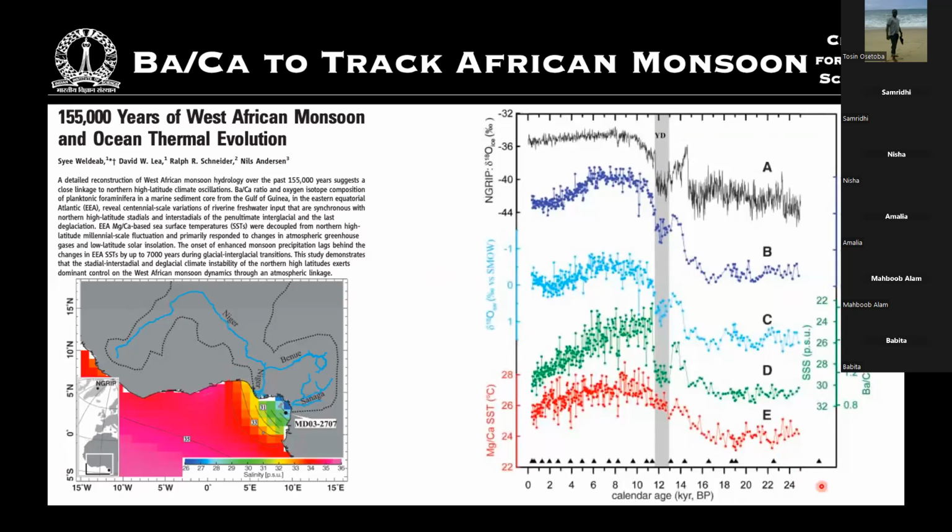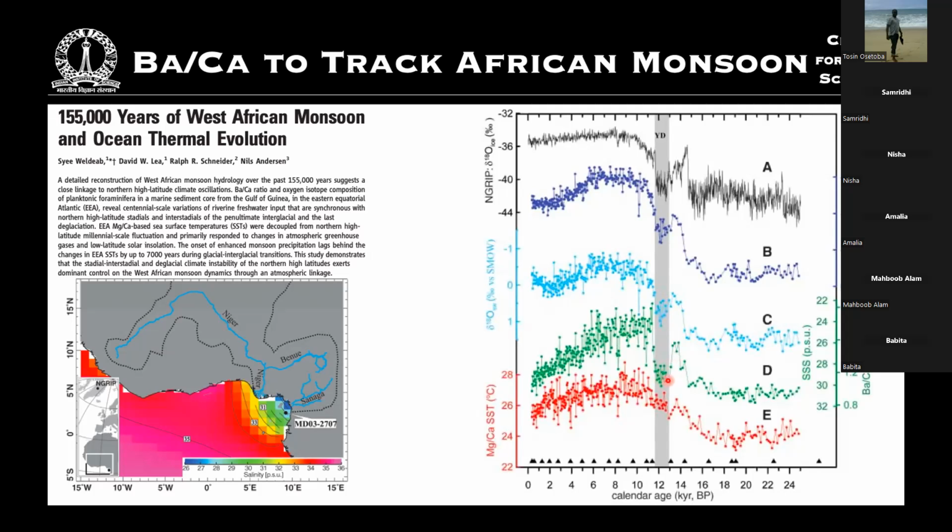What we have here, time going from right to left, from 24 kiloyears to modern day: magnesium-calcium, barium-calcium reconstructed from ruber species, sea surface salinity, and delta 18O of the species, and northern hemispheric delta 18O record. What we observe is that during the glacial to interglacial transition, there is a rise in the barium-calcium value as expected with an increase in continental runoff with the intensification of monsoon.